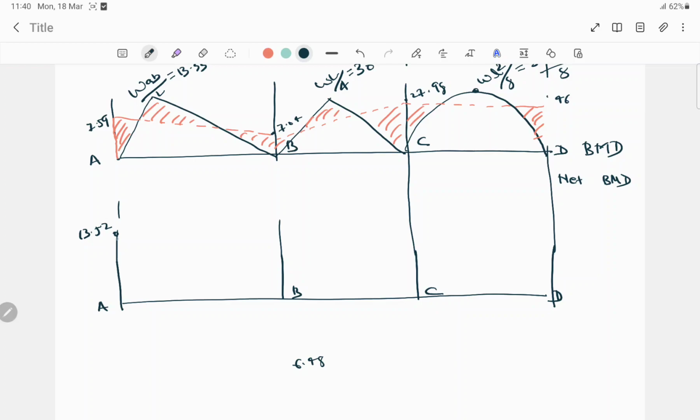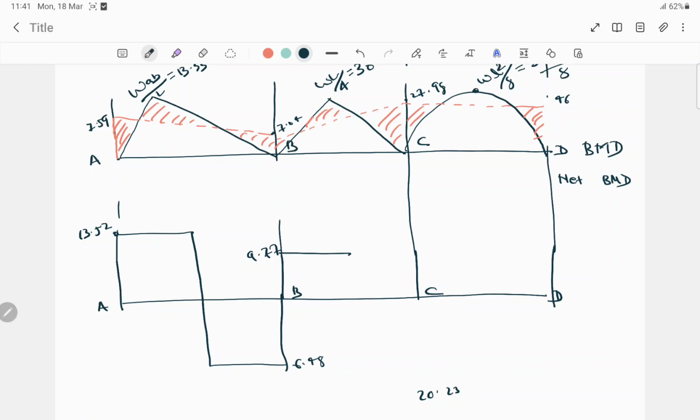So when the point load is acting, our shear force diagram will be like this, right? Now from B to C it was 9.77 and here 20.23.